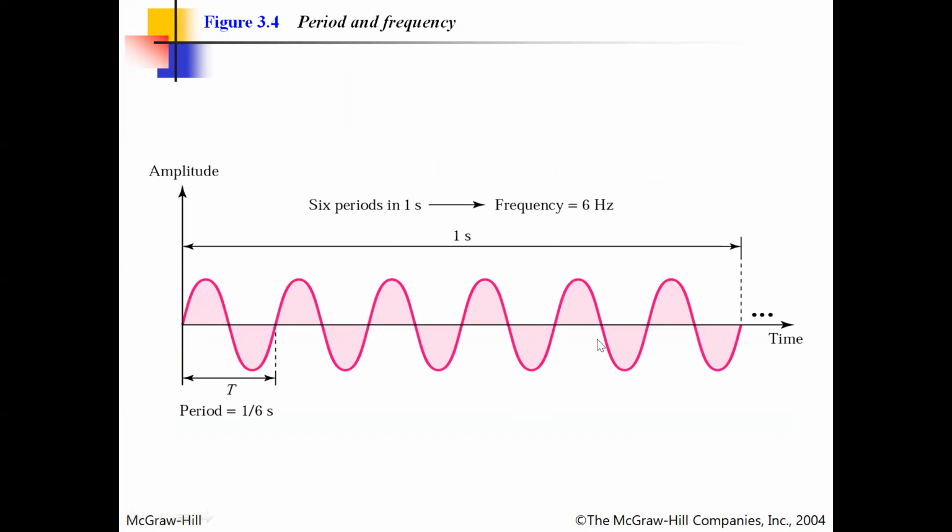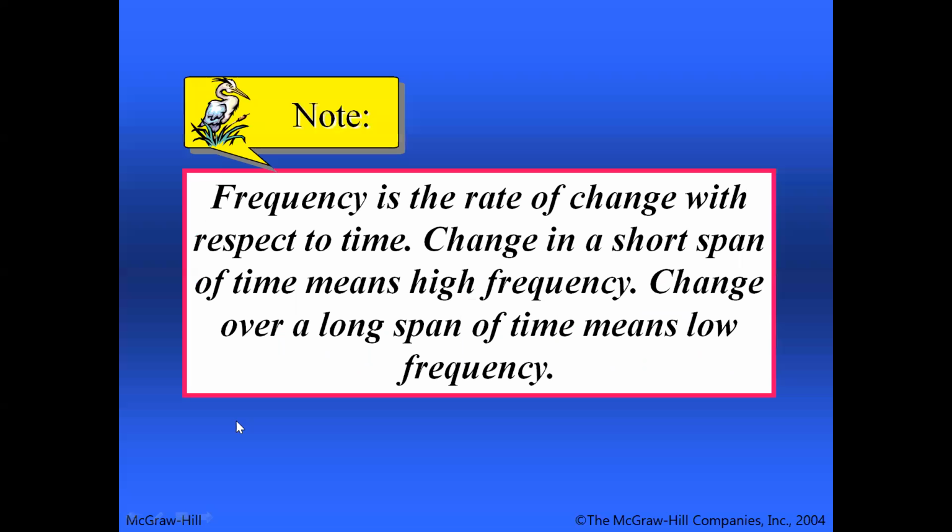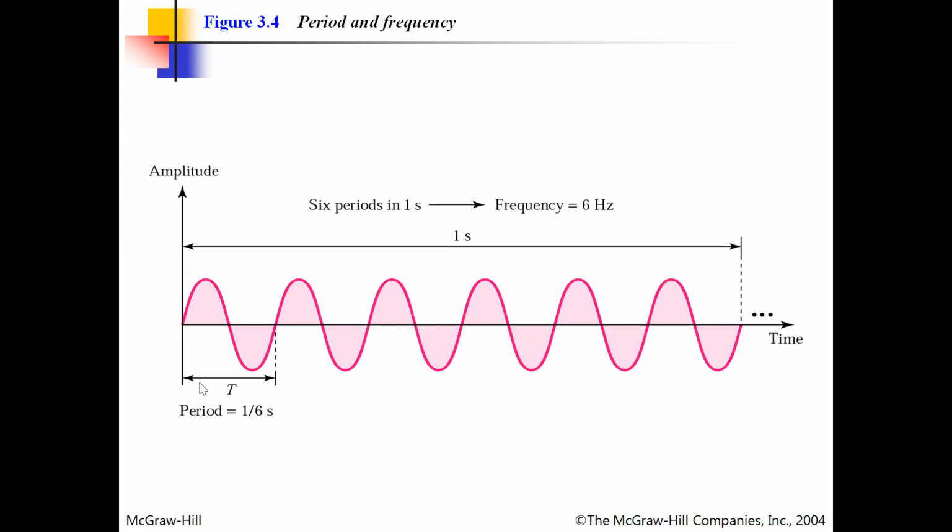Along the x-axis we plot time, and along the y-axis we plot amplitude. So if a signal starts at this time and ends at this point, the time it takes to complete this whole cycle is known as the time period.